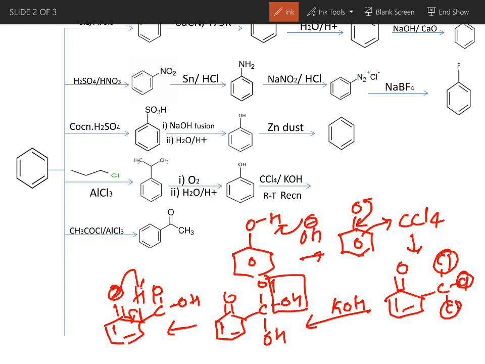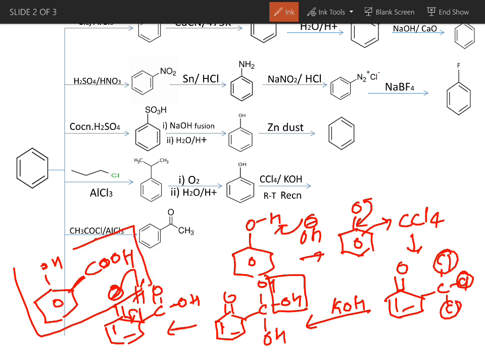So the compound formed here will have OH, and here already it has introduced COOH. This compound is called salicylic acid, or orthohydroxybenzoic acid. So when phenol reacts with carbon tetrachloride in presence of base, the reaction is said to be the Reimer-Tiemann reaction, and the product formed here is salicylic acid, that is orthohydroxybenzoic acid.